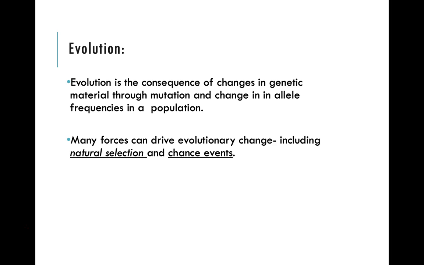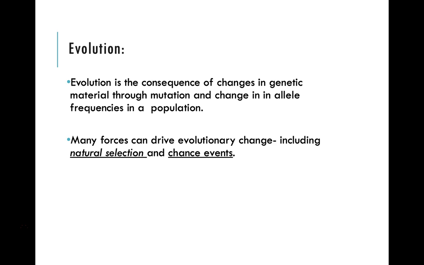Chance events can also affect what happens in a population. So if by chance all of the birds of a particular color die in one generation due to, say, a drought, and that drought isn't choosing to pick a specific color of bird, it just happens that all of those of a particular color happen to die, along with others as well.